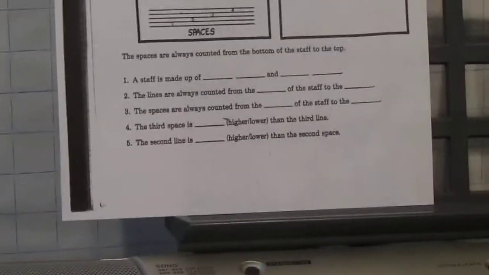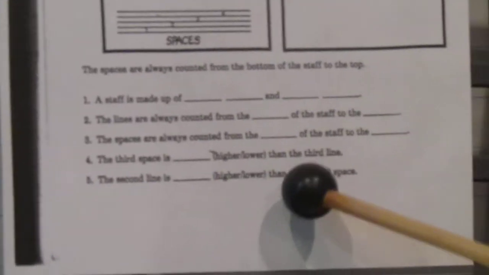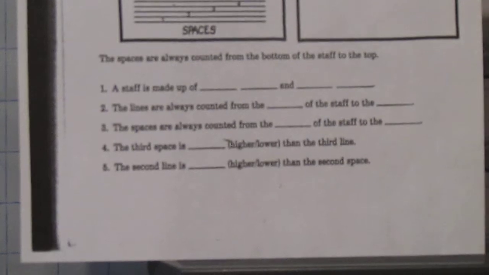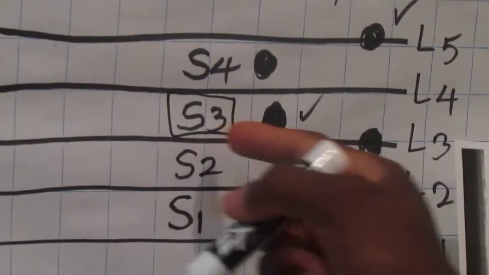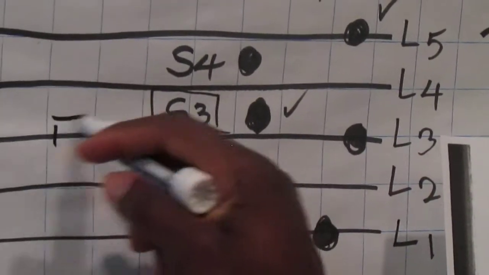And then let's look at question 4. Question 4 is interesting though. Look at that. It says the third space is blank, higher or lower than the third line. So let's look at the third space. This is the third space. We are comparing third space and third line. This is the third line.